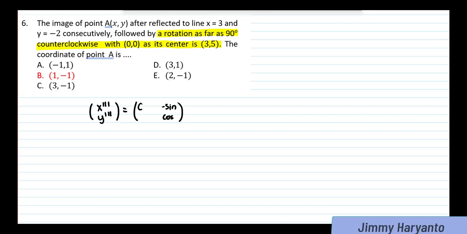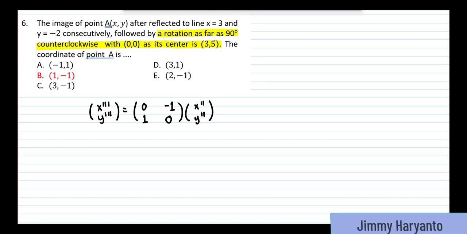The angle is 90 degrees, so it will be easy. Cos 90 equals 0, sine 90 equals 1, but because the formula has a negative sign, the result will be -1. And then sine 90 and cos 90, times x double prime and y double prime. The result has to be 3, 5. That means I can replace the x triple prime with 3 and the y triple prime with 5.